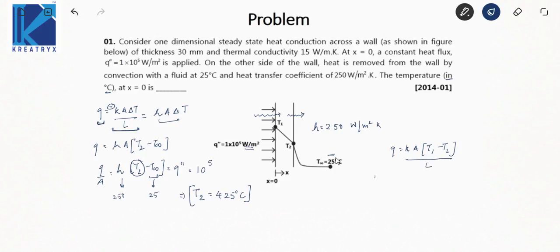So Q by A, which is Q double dash, is equal to k, which is 15, times T1, which we have to find out, minus T2, which we have just found out, upon L. L is given as 30 mm. We have to put it in meters, 0.03 meters. Be careful of the units. So that implies T1 is equal to, the answer is 625 degrees Celsius.